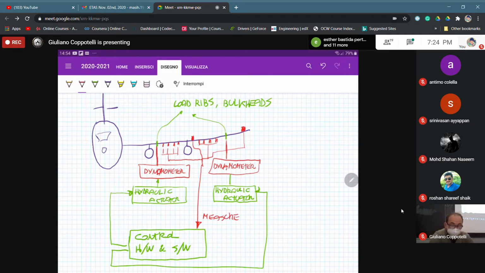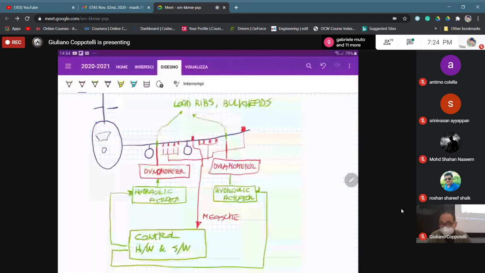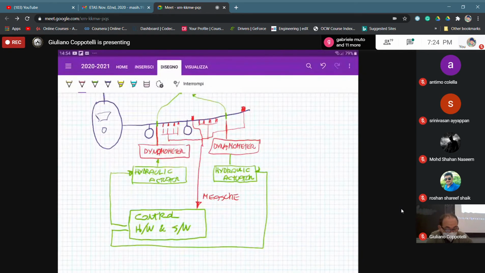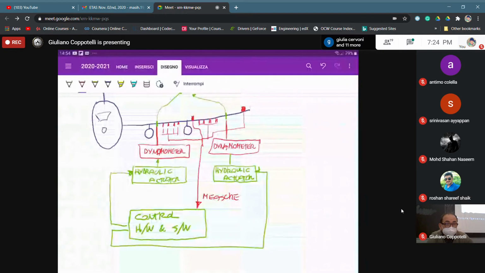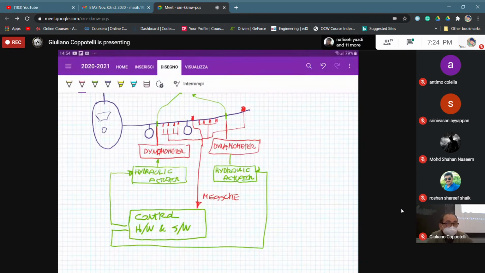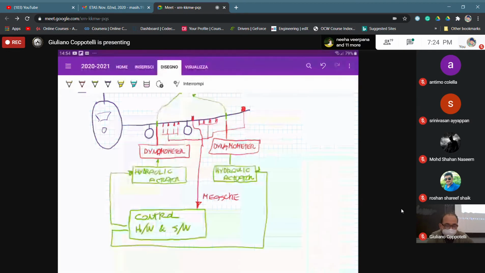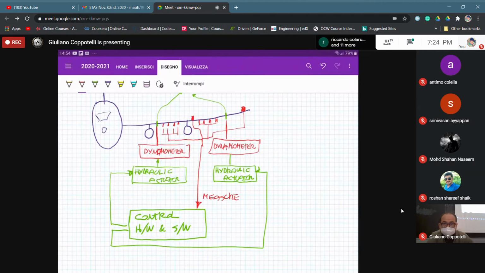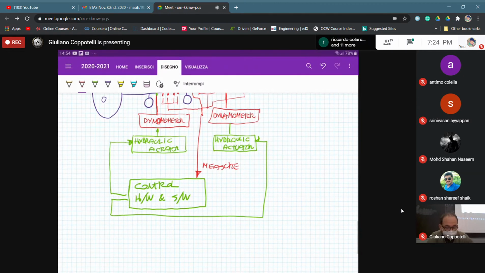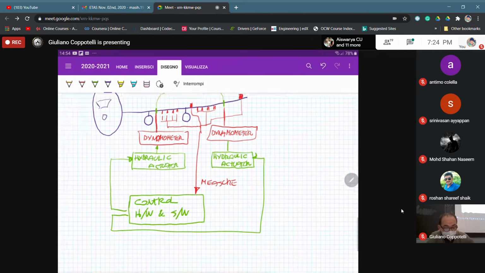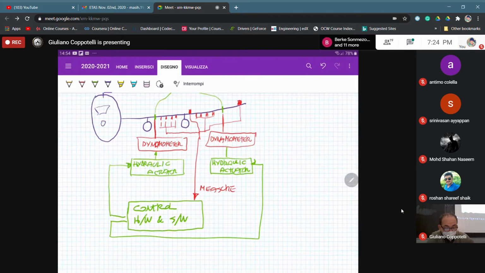That goes once again to the control, which is capable of considering all these output measurements from the transducers. Once again, we can have strain gauges, thermocouples, accelerometers, rheostats, for example for displacement, whatever transducer could be very useful for your testing.